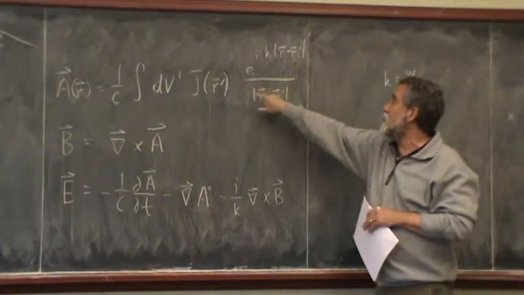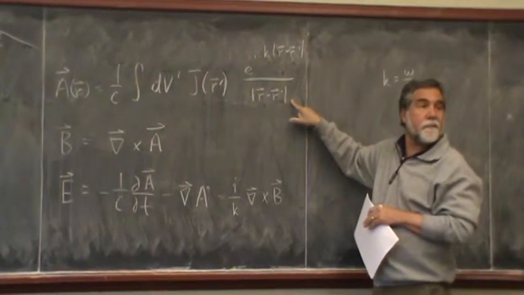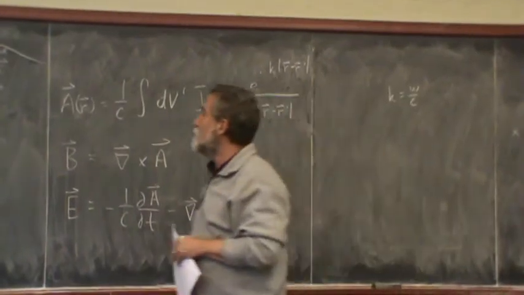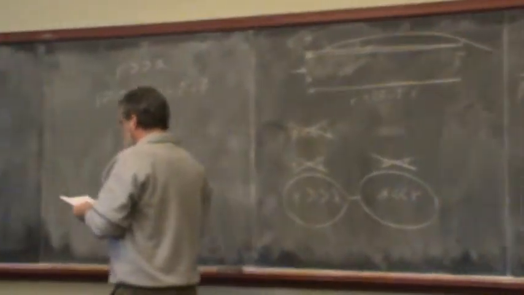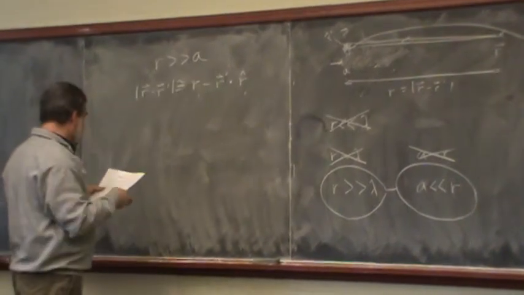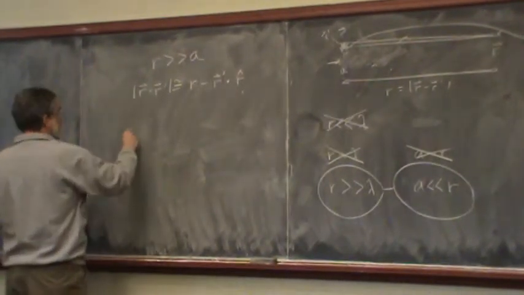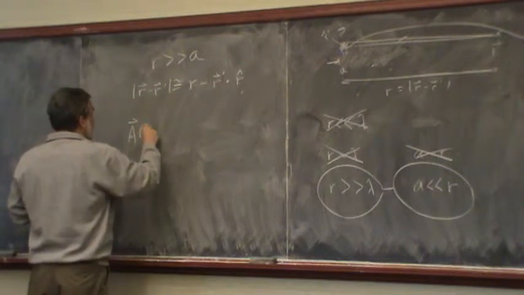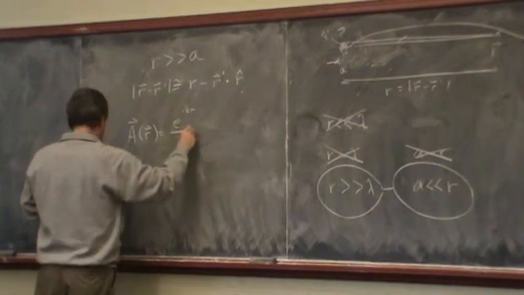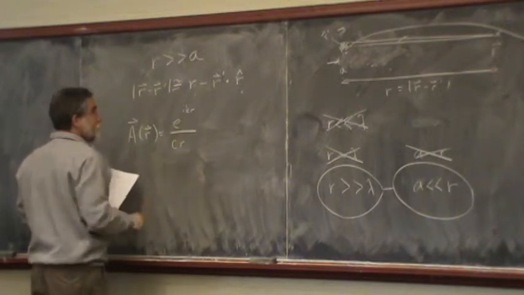So in approximation, I'm just going to call that R, all right? But this one here, I can't ignore. So I've got that approximation. I'm going to put that into the integral over there, and A of R is equal to e to the ikR over cR.